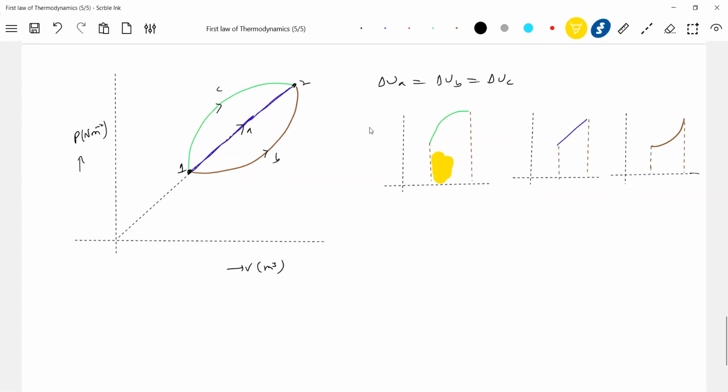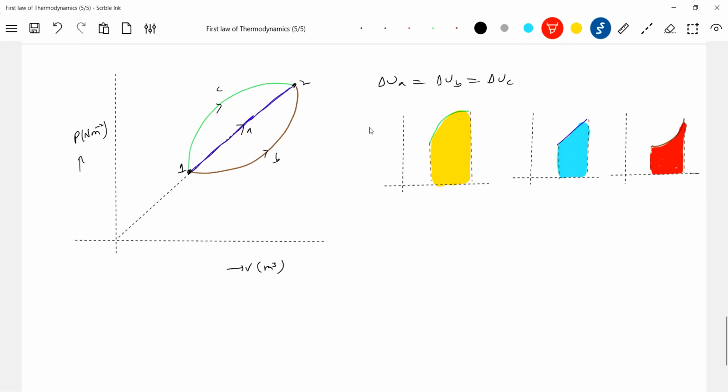I'm shading this, so definitely which particular area will be more, at least tell me that. If you say, sir, how the areas are different, I can't help you. It is basic geometry. So these are the paths like this.